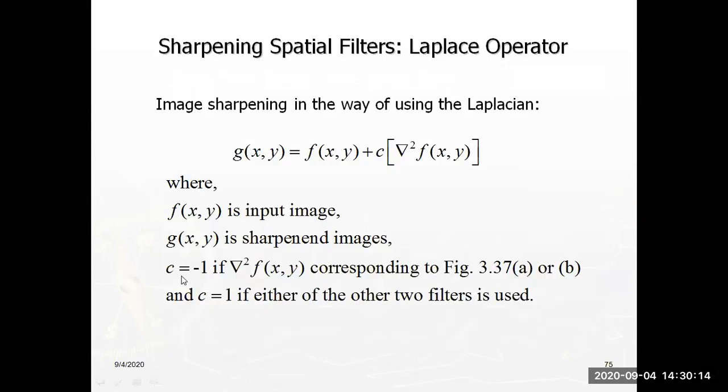So depending upon which mask is used, your c value also changes in this expression. This is called the sharpening formulation.